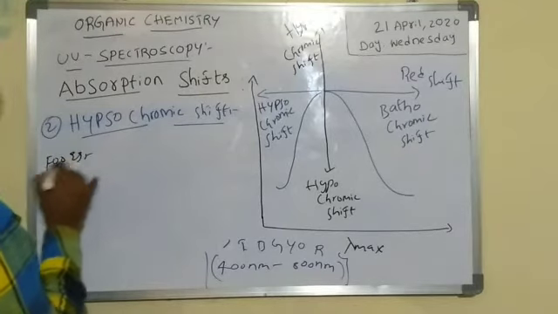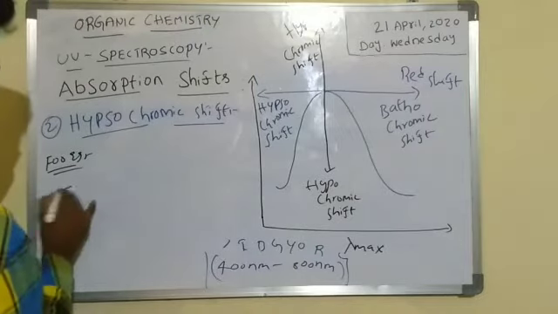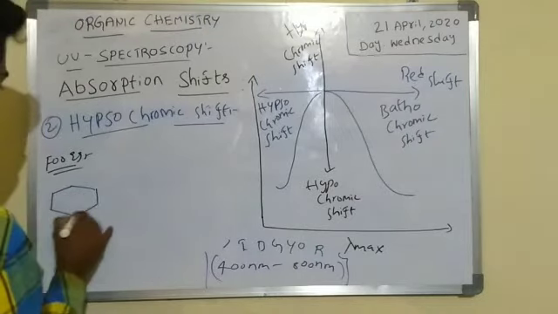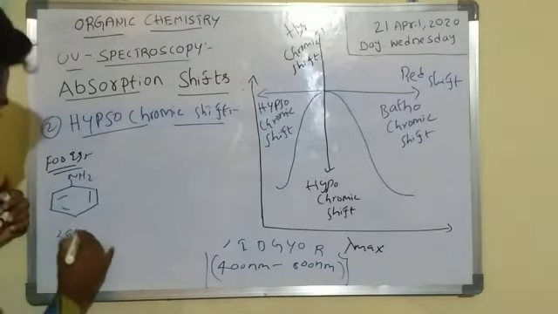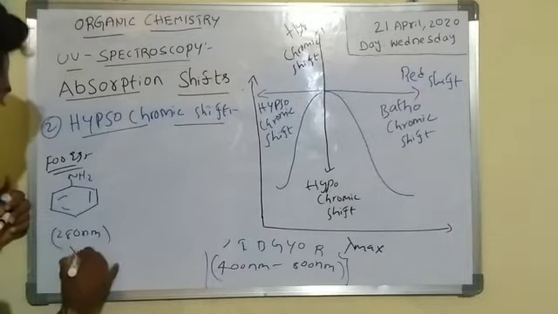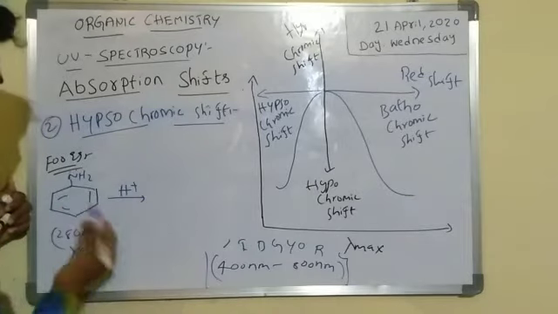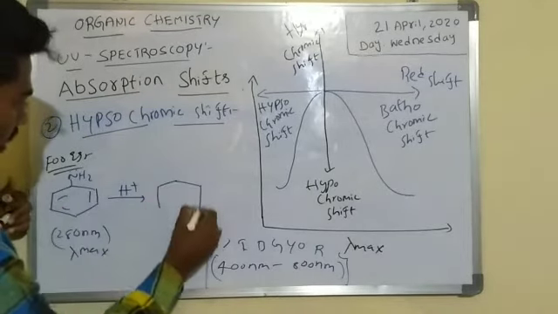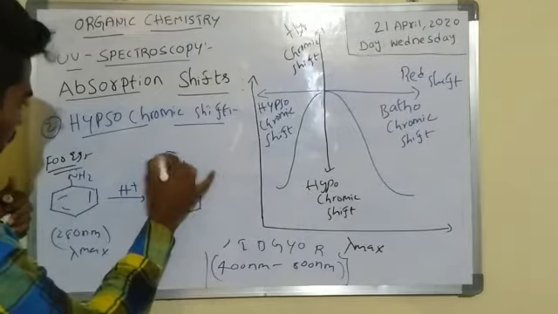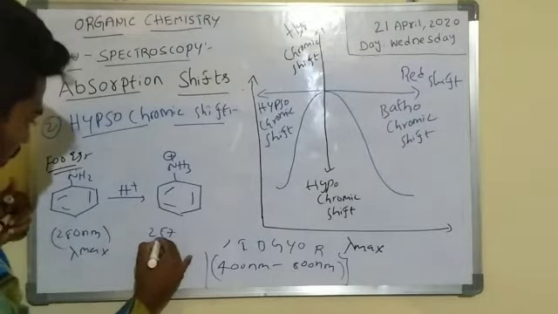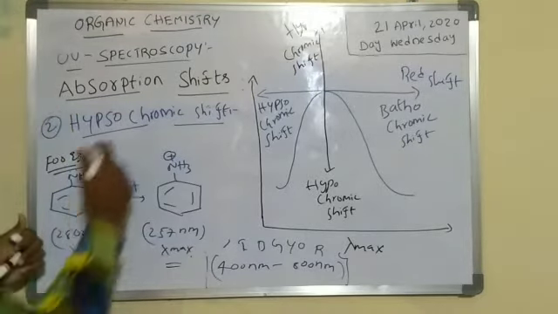For example, you can take aniline. Aniline has a 280 nanometers maximum wavelength. When protonation takes place on the lone pair to form anilinium ion, the maximum wavelength decreases to 257 nanometers. This is the example of hypsochromic shift.